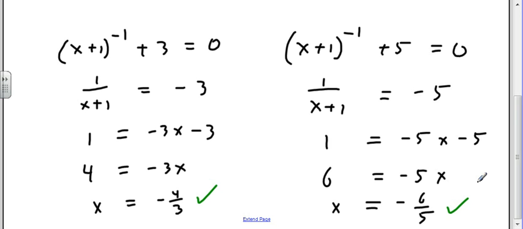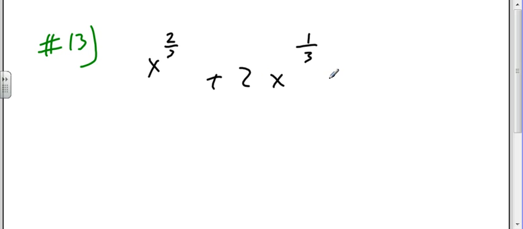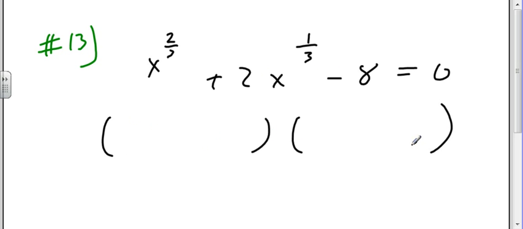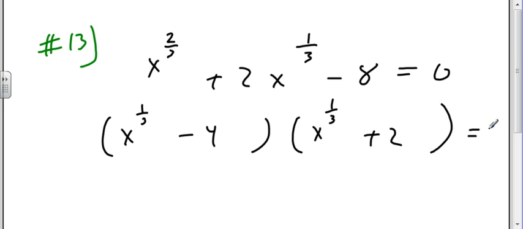All right, moving down to number 13. x to the 2/3 plus 2x to the 1/3 minus 8 is 0. Okay, so can I factor that? Yeah, I can factor that. (x to the 1/3 minus 4)(x to the 1/3 plus 2) is 0.